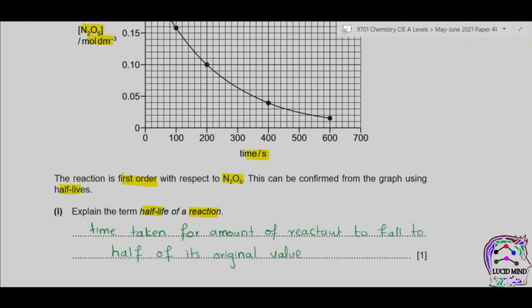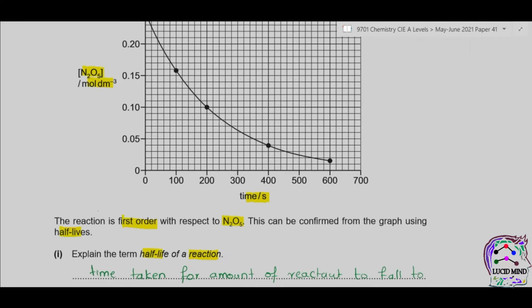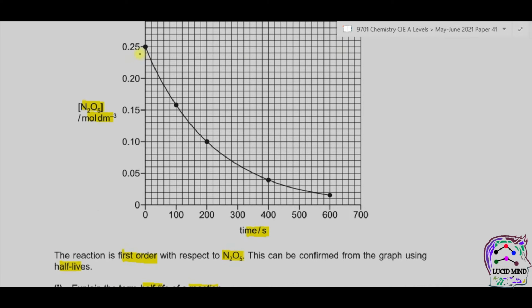As we can see from the graph, this is the concentration of N2O5 and it was 0.25, so from 0.25 to 0.125 it will be half of the concentration, and the time will give the half-life.